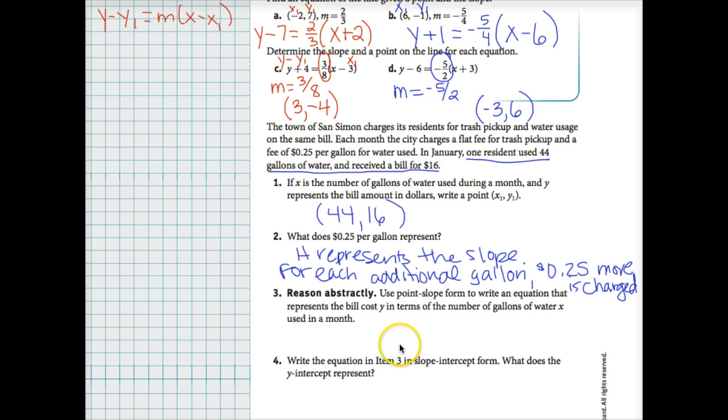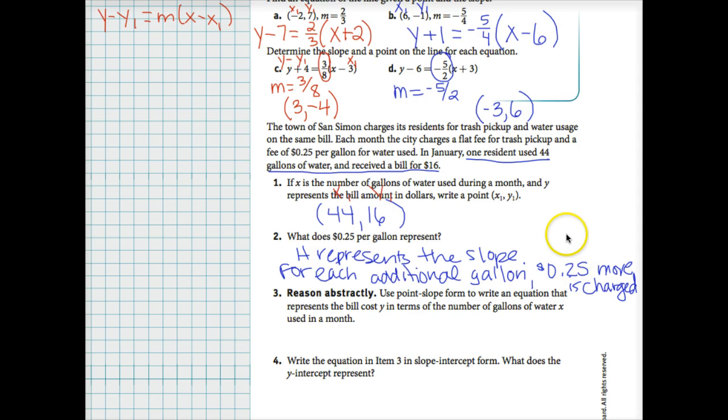Number 3, use point slope form to write the equation that represents the bill cost, Y, in terms of the number of gallons of water, X, used in a month. So as I look here, I've got my X1, Y1, remember that's up here, X1, Y1.